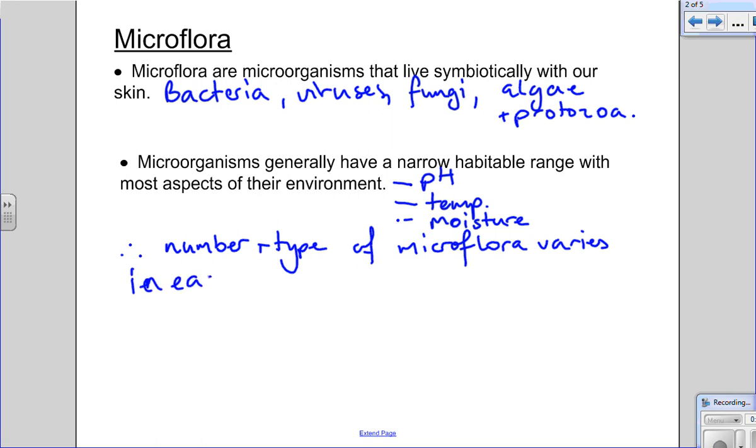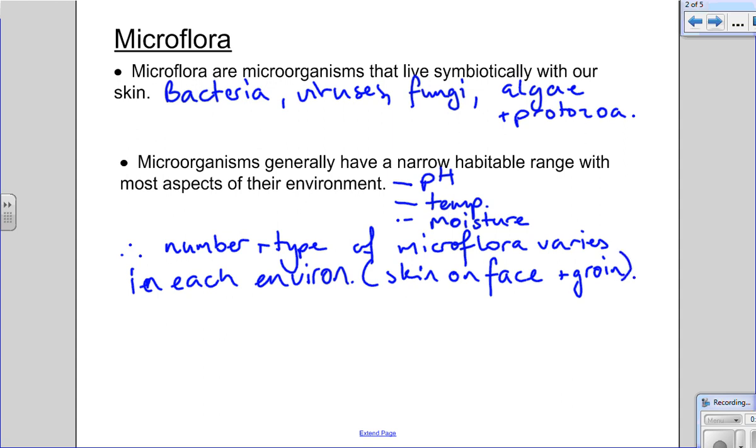So this is, for example, skin on the face and groin. They're quite different. One's fairly dry and a little bit oily. The other one's quite moist and dark. So it varies in each environment, on the person and between individuals.